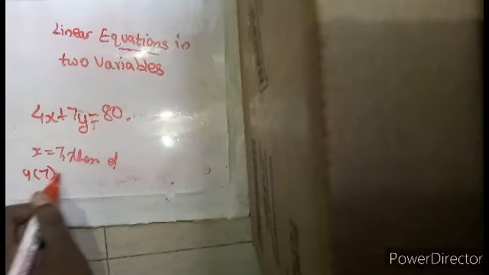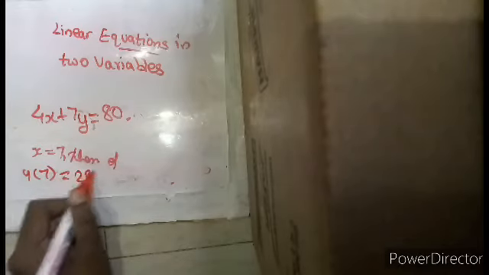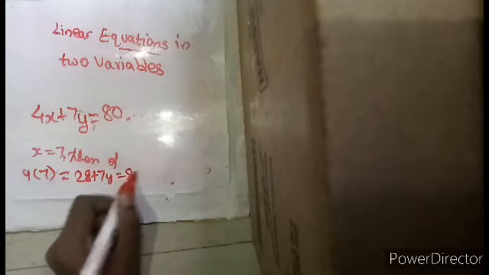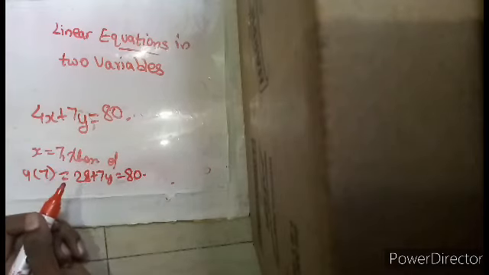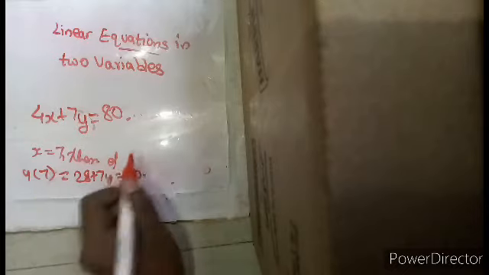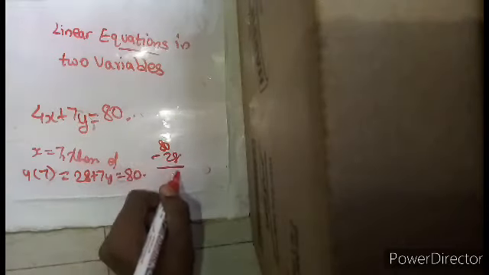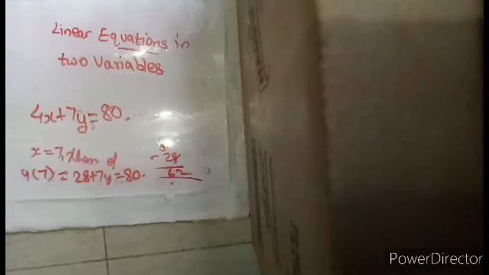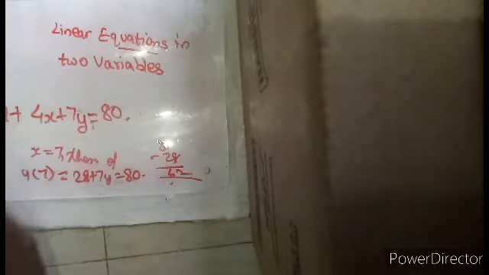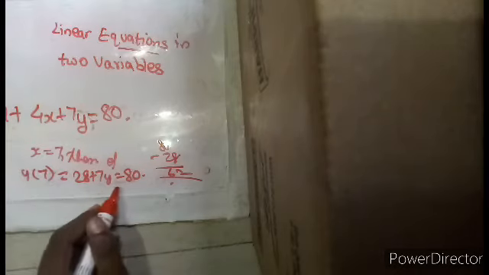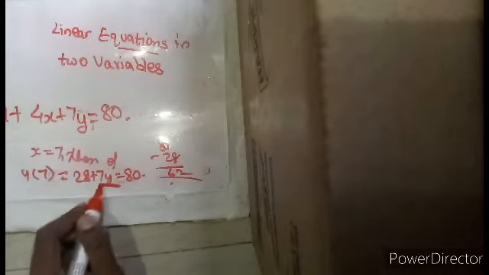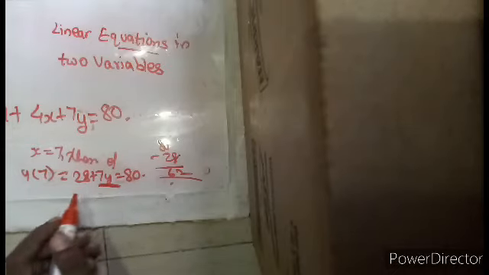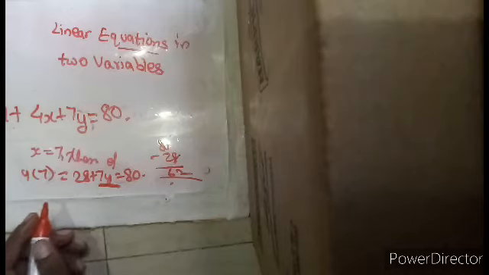then 4 into 7 will be 28, plus 7y should be 80. Suppose you take 28, how much do you need to get? 80 minus 28, just subtract it. You need to get 52 here, but you will get 63, so how is it possible? You try adding 1 to 4x plus 7y is equal to 80, and you will get 7 into 9, let it be minus 1.